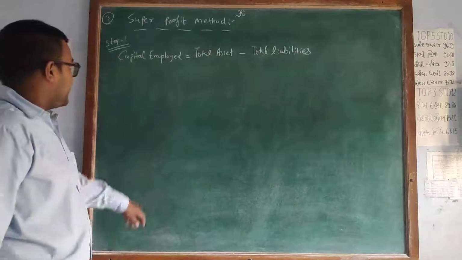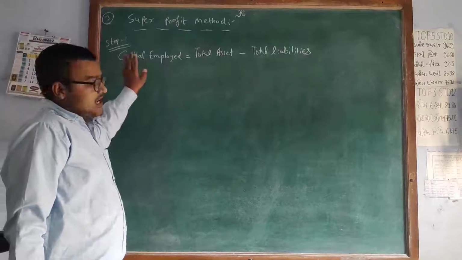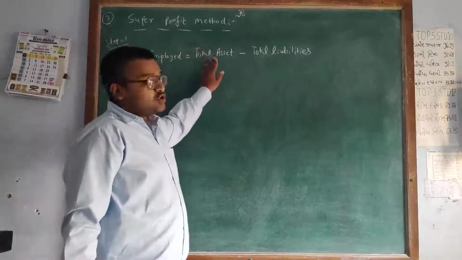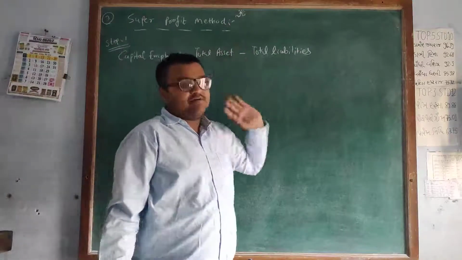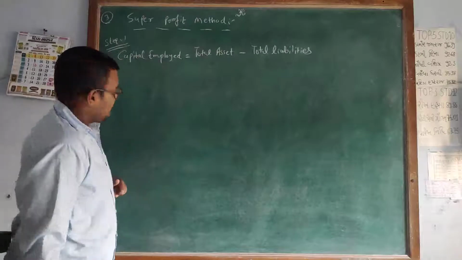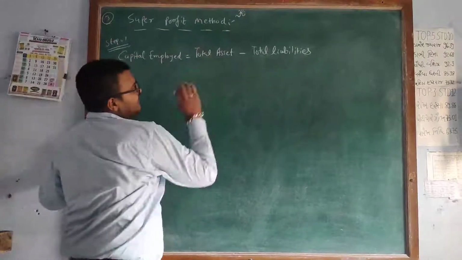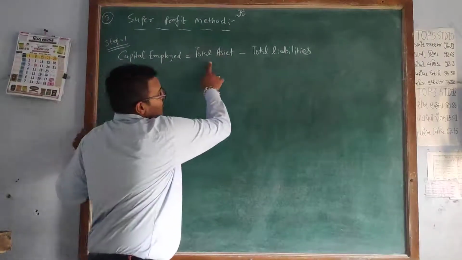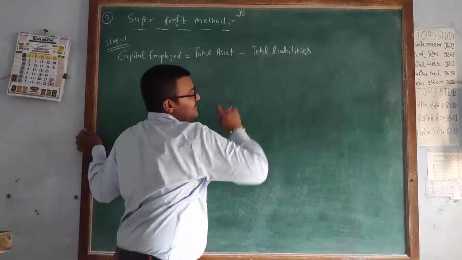First of all, you have to obtain capital employed. Capital employed का मतलब होगा total asset में से total liability को less करना. That will be our step 1. These all information are given in the sum. Total asset also given, total liability also given.